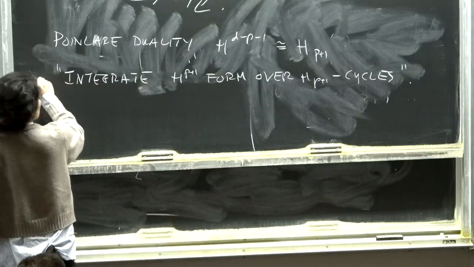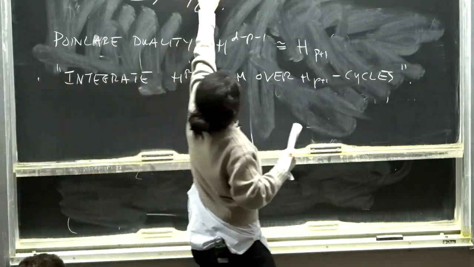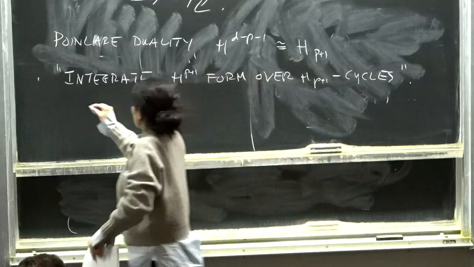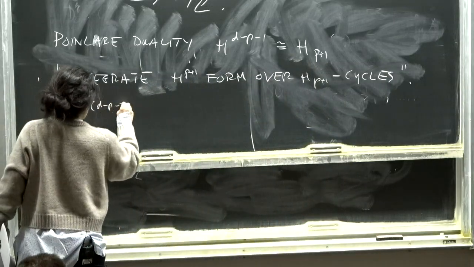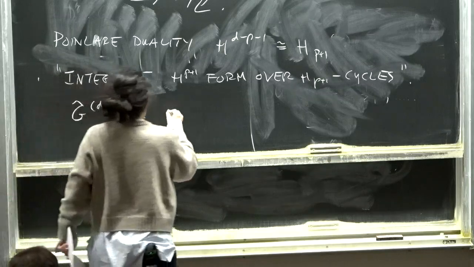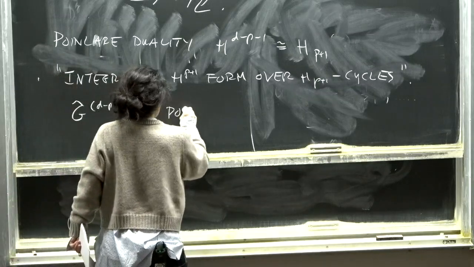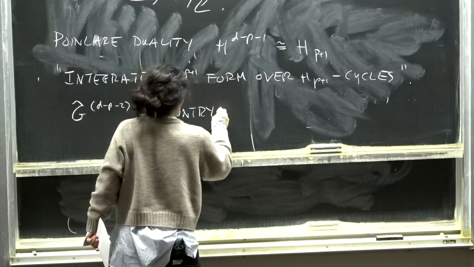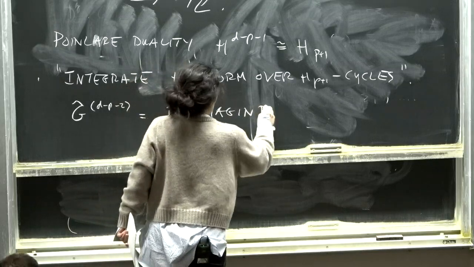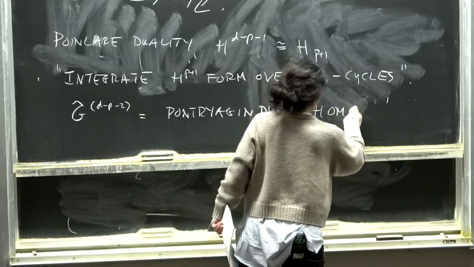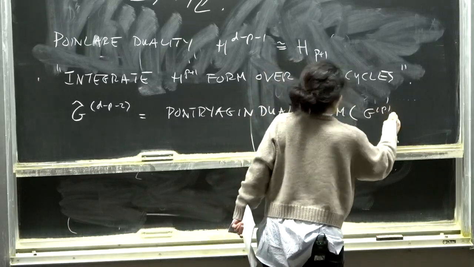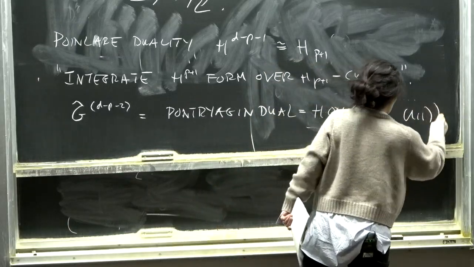And now also, these groups are not actually the same groups. So what actually is G hat (d minus p minus 2)? That's in fact precisely the Pontryagin dual, which means it's just the Hom from G^(p) into U(1).